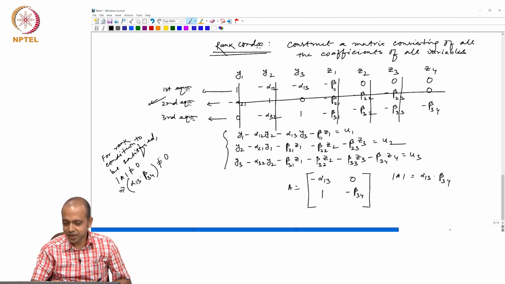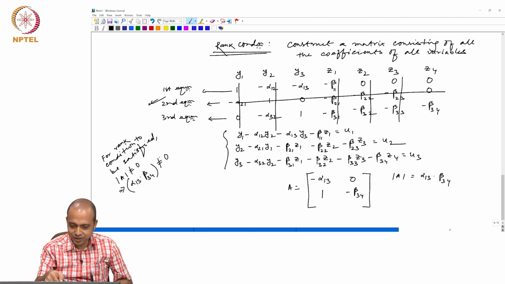If you look at the second equation, Z1, Z2, Z3 are actually included. So in the mechanism, this column I crossed out because Y2 is appearing. This column I am not crossing out. This is again crossed out because Z1 is there.